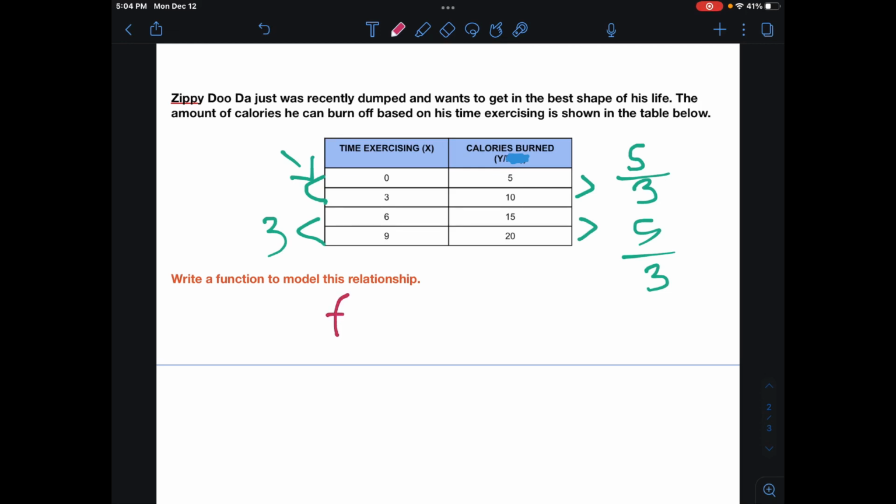So let's recall we have f of x, and then we have our slope that we have determined is 5 over 3. Once again, we have x, which represents our independent value and our input, plus, and here we have our y-intercept. And I want to give you all a second to see if you guys can figure out the y-intercept from this table.